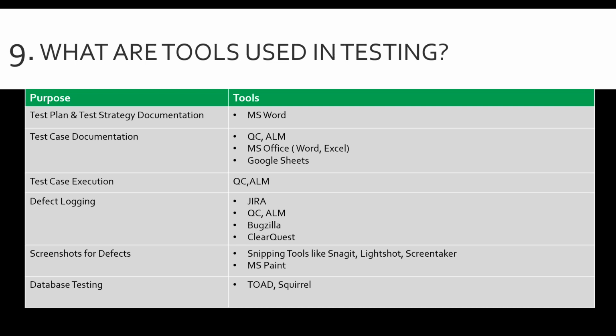This helps to provide more details in the defect for the business analyst or also the development team for quicker resolution. And in case database testing is involved, then Toad or SQL is commonly used. So these are some commonly used tools. You can just pick and choose based on your experience while answering this particular question.